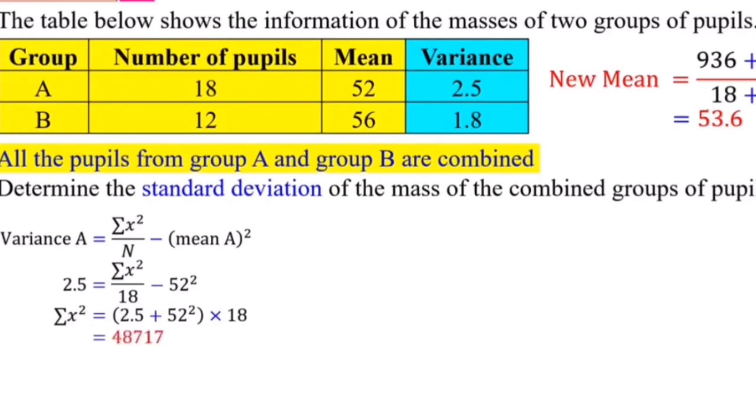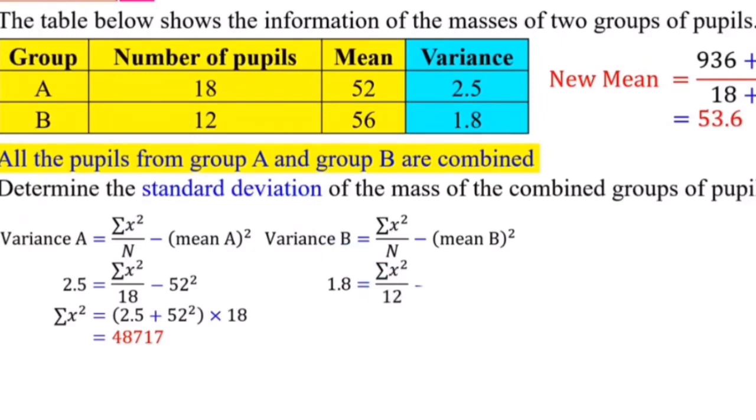Variance was given 1.8. So we substitute into the formula. 1.8 is equal to summation of data square for group B that we want to find, and number of data is 12, so over 12. Then minus the mean for group B, it was given 56 square.